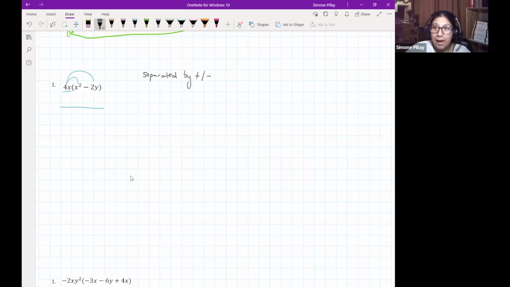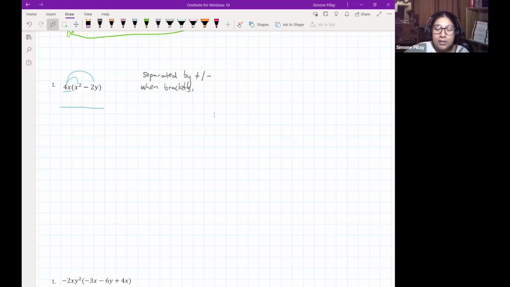But when there's brackets, then it keeps everything together as one term. I remember someone saying in the chat that basically the signs inside the brackets are irrelevant. Yes.